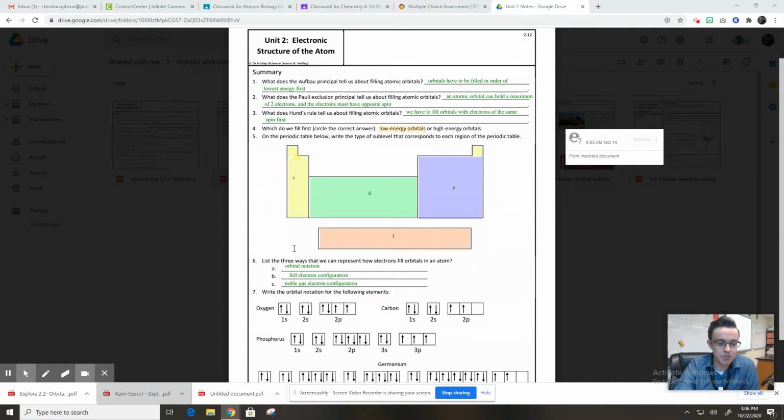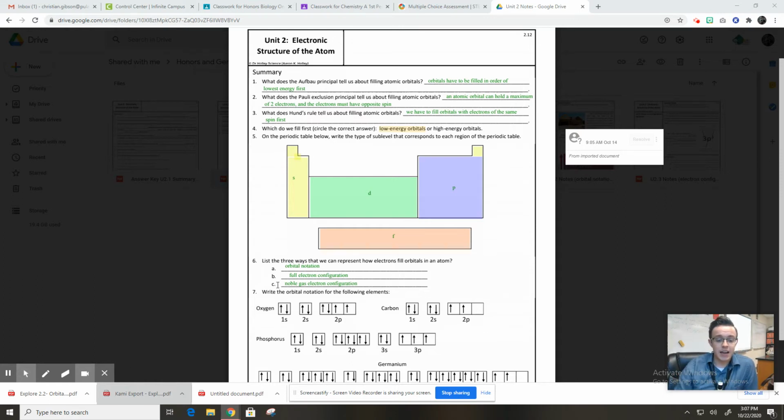Okay. Number 6, it says list 3 ways we can represent how electrons fill orbitals in an atom. Well, A, we can do orbital notation, where you draw the boxes and the arrows. Or B, we could do the full electron configuration, where you write out each of the sublevels and you write how many electrons are in each sublevel or each orbital.